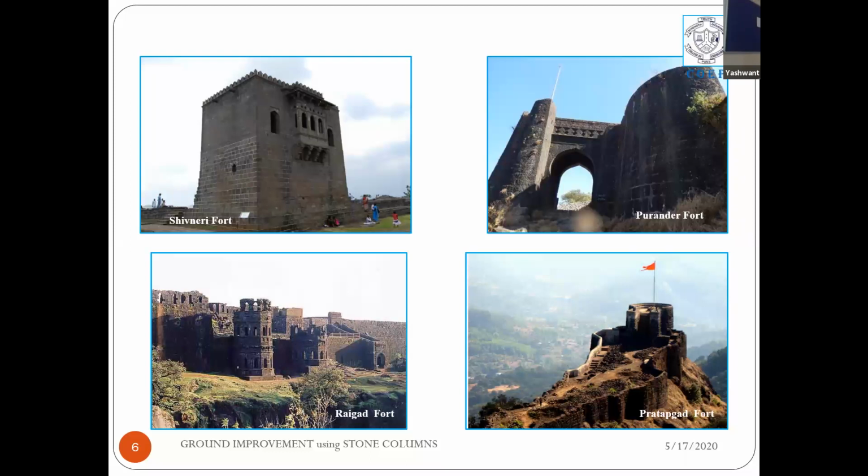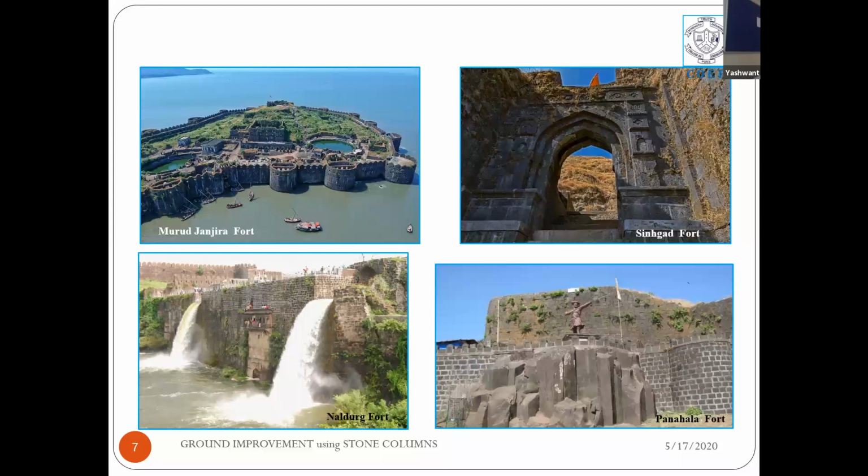Then we have this beautiful Janjira Fort. As everybody knows, it is located in the ocean. From the aerial photograph shown, it is clear that it has water of significant depth on all its sides. Then we have Sinhagad Fort, the valor of Tanaji Malusare is known to everybody.